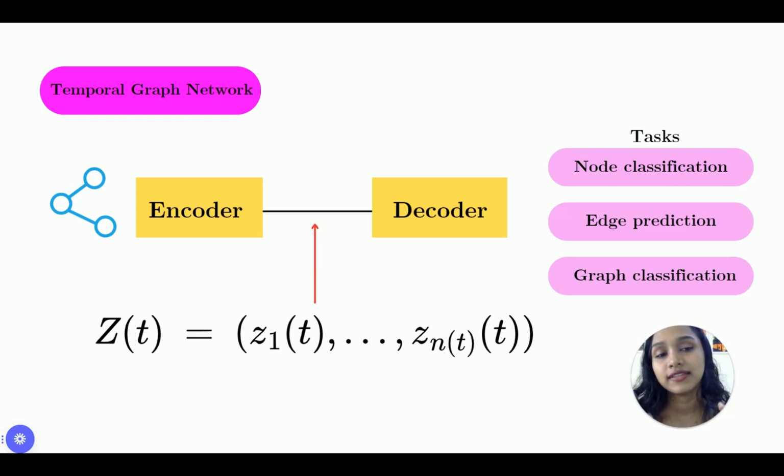How that works is basically an encoder-decoder pair where the encoder takes as input the whole dynamic graph and creates a node embedding from that, and by using this node embedding, the decoder performs various tasks like node classification, edge prediction or graph classification.